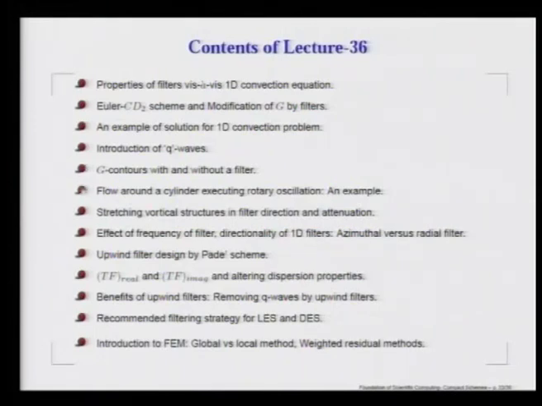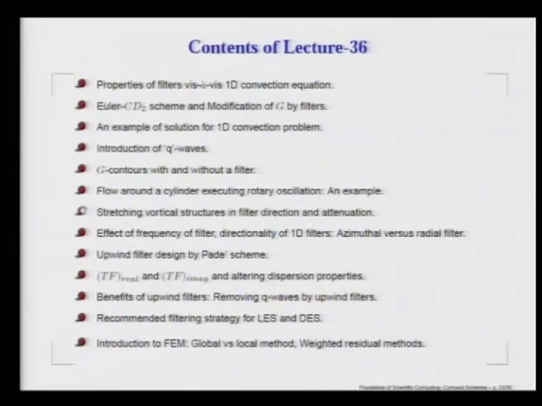But before we do that, we take a look at the G contours with and without filter, and we pick up some examples of rotary oscillation of a cylinder in a uniform flow. We find that if we perform filtering in a particular direction, then these vortical structures actually get elongated, stretched in that particular direction, and of course, filter does attenuate the solution.